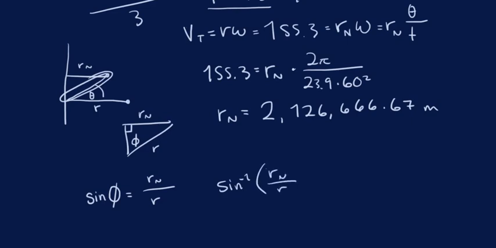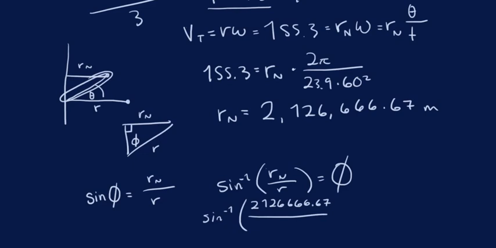So inverse sine of 2,126,666.67 divided by 6.38 times 10 to the 6th power equals 19.47 degrees. So that's what phi equals.